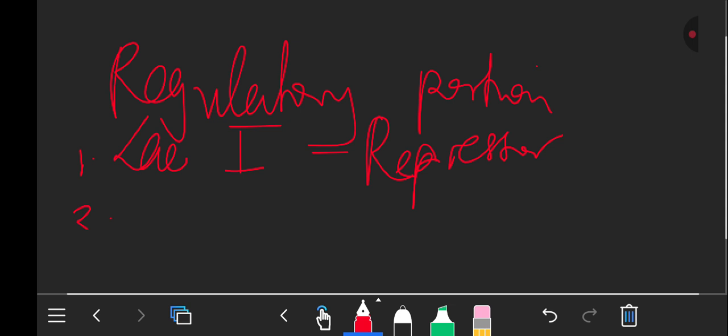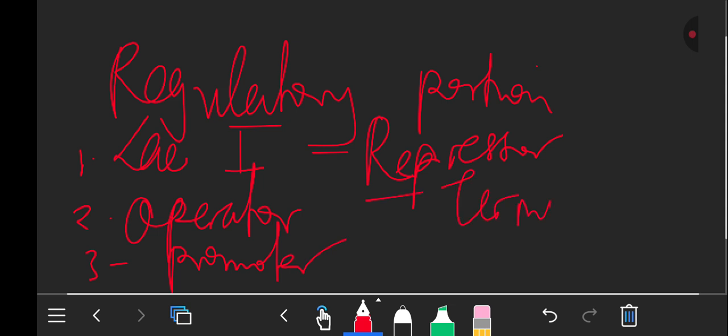Then the regulatory portion is made up of the operator, and other than the operator, the promoter. Other than the promoter, it is also made up of the terminator, even though the terminator is found just at the end. Even if we don't include it at this stage, we'll look at the terminator also. But let's understand that it's made up of the lac I, which produces the repressor, the operator, and also the promoter.